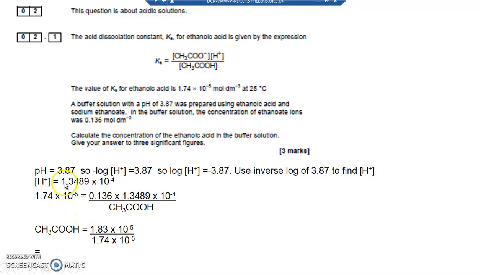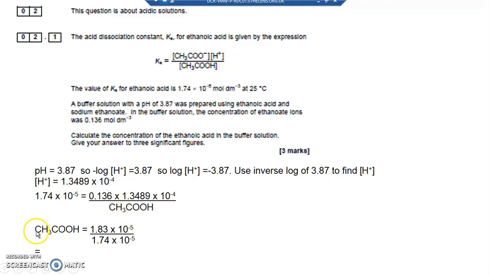So I've got 1.74 times 10 to the minus 5, the acid dissociation constant, equals 0.136, which is the concentration of ethanoate ions, which I'm given in the equation, times the hydrogen ion concentration I've just worked out, divided by the concentration of ethanoic acid. So that's the concentration of ethanoic acid on the bottom. It should have square brackets around it, really.